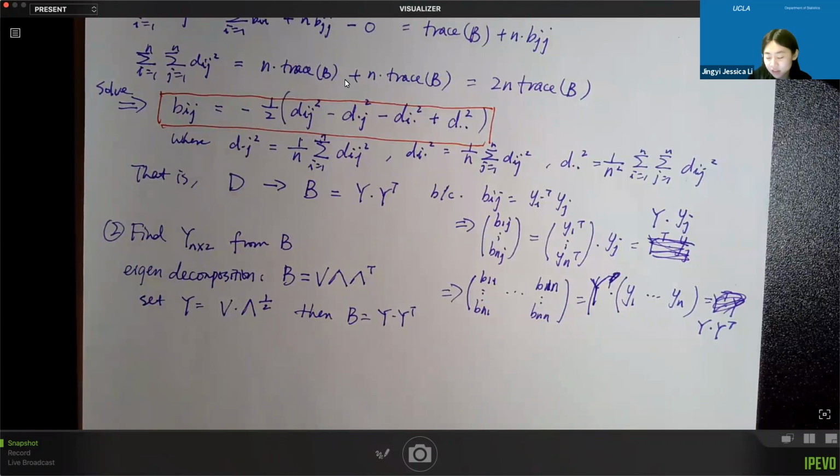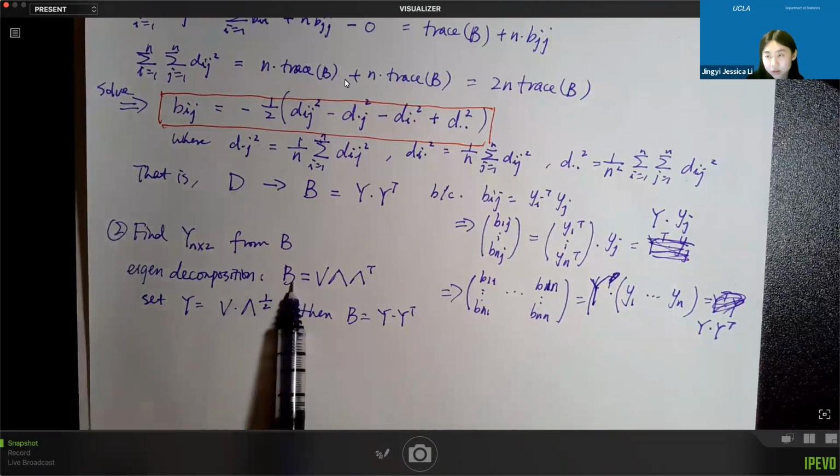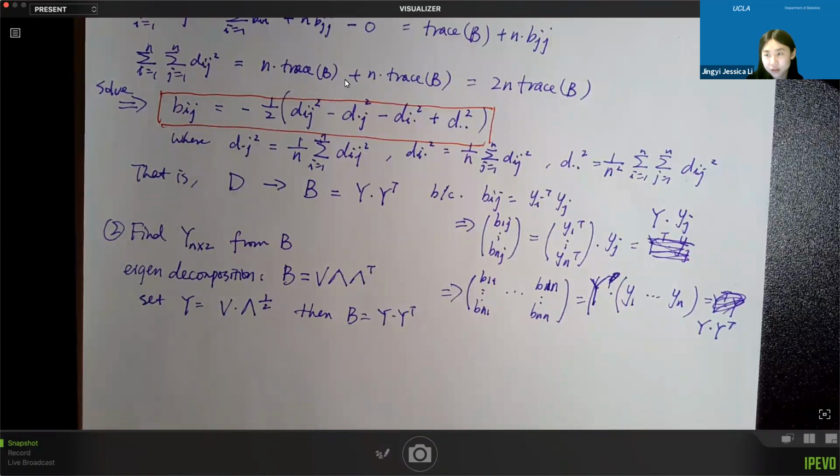And we can see that when we have PCA, this is exactly what we are doing, because in PCA, we also have that dimension reduction by eigen decomposition. So in PCA, what we're doing eigen decomposition for is that X transpose X, right?